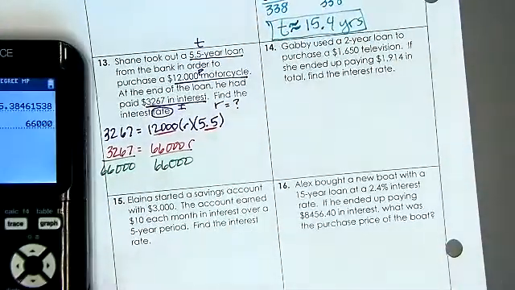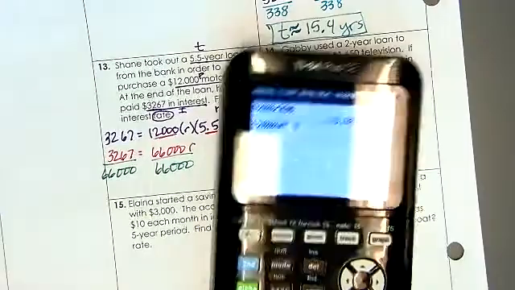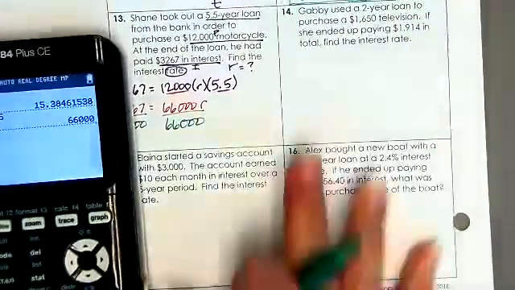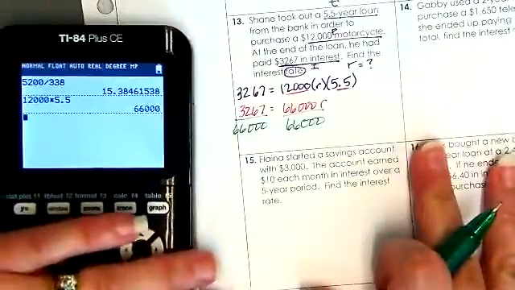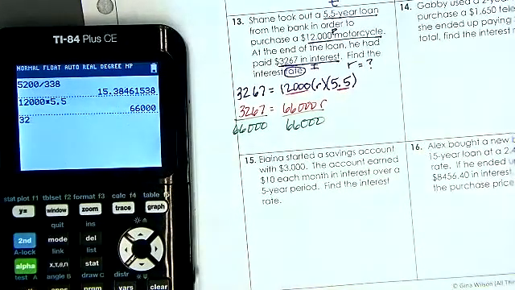So I punch this in. Trying to get it to where there's not a glare. And we have 3,267 divided by 66,000. Enter. Okay. So remember, we've got to move the decimal.